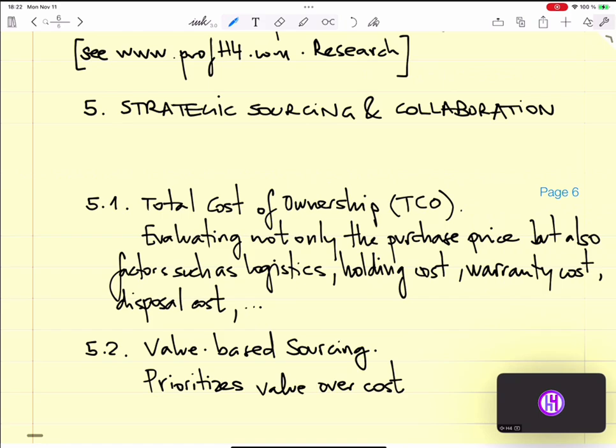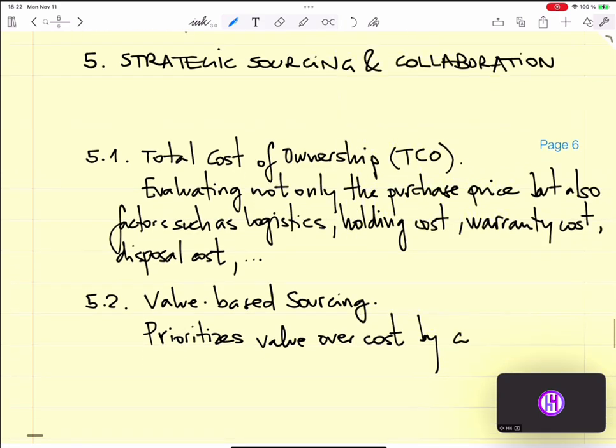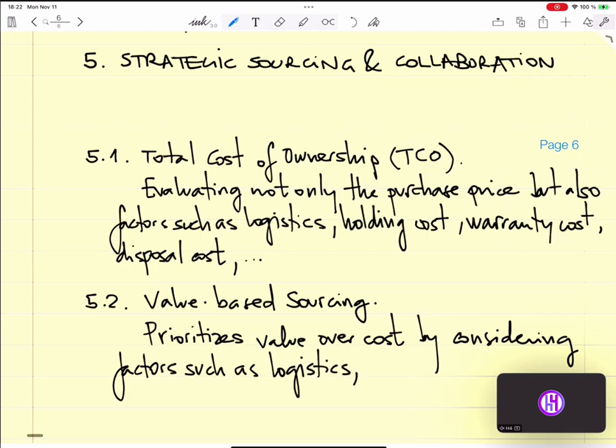Okay, by considering factors such as quality, service level, innovation, sustainability, and so on.